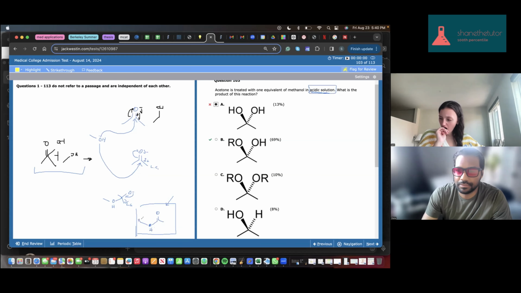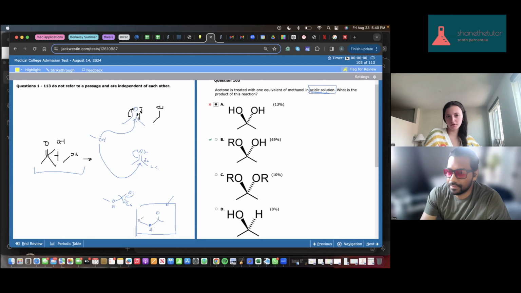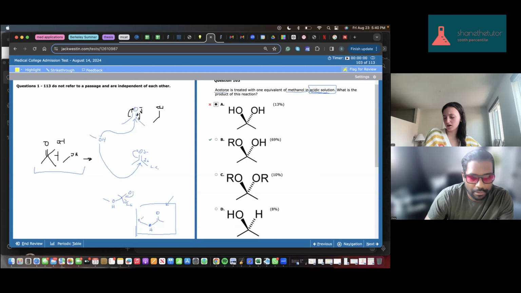Are we supposed to use acetone or acetyl chloride? Well, it says acetone and methanol, but when it's in an acidic solution, doesn't that change the structure of it? I guess not.